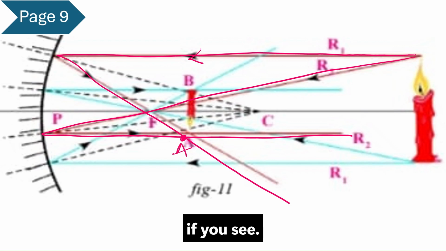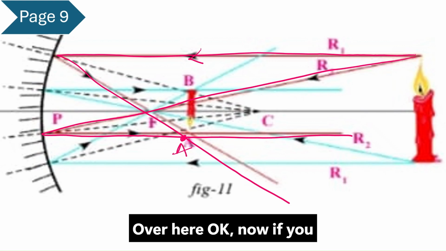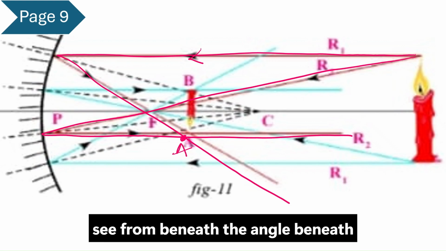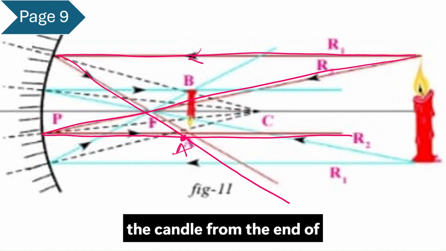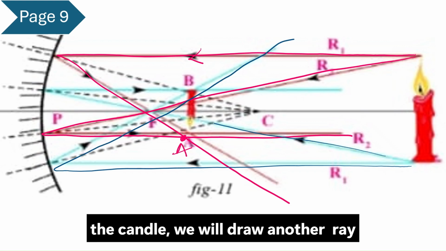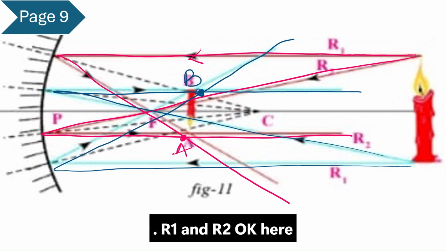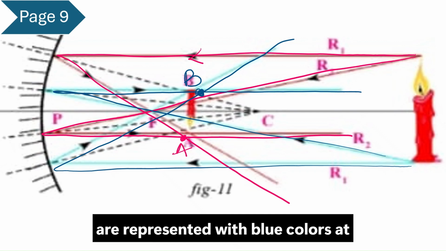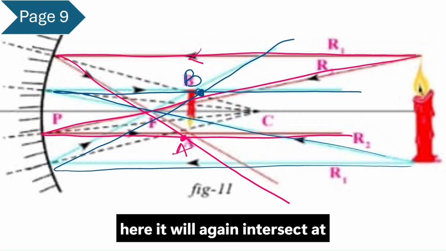Now from the end of the candle, we will draw another R1 and R2, represented here in blue. They will again intersect at B.